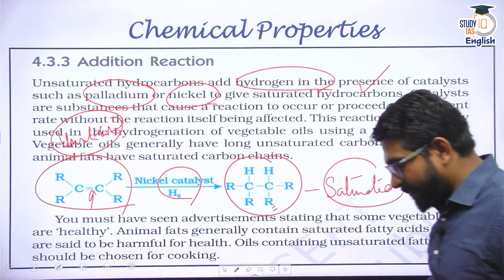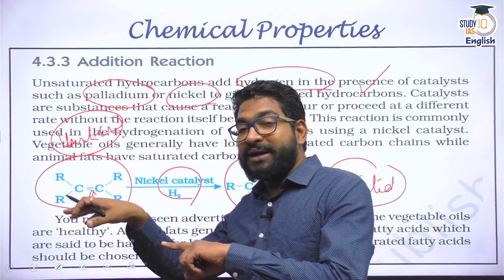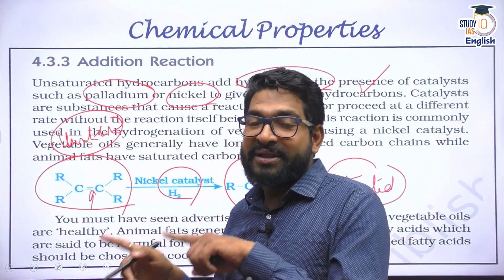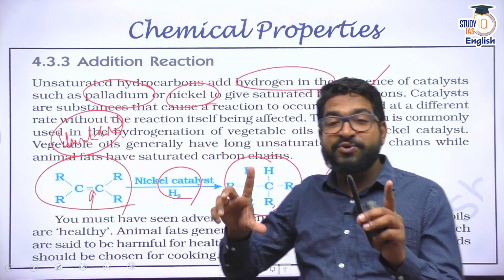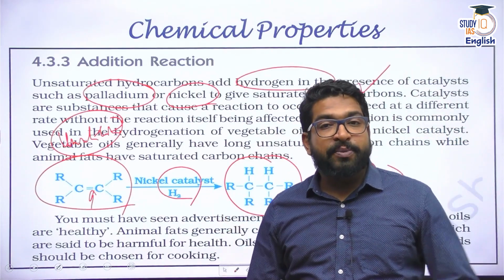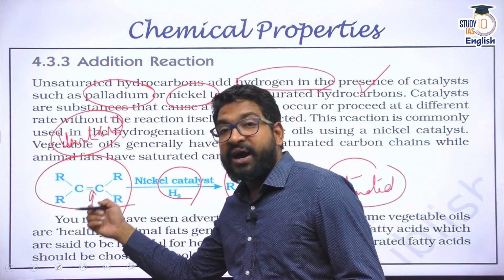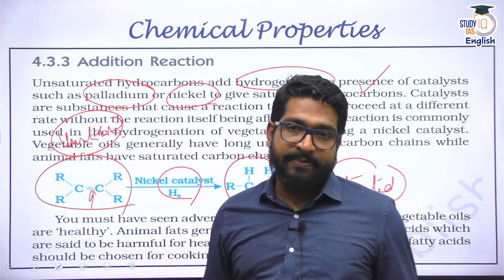Now you must be thinking, sir, in the case of fuels, if it was a saturated fuel, it gave a clean flame, and if it was unsaturated, it gave a yellow flame. But when it comes to fats, do remember the pointer that for our body, when I talk about fatty acids and lipids, I would like to have unsaturated fatty acids because they are good for our health.